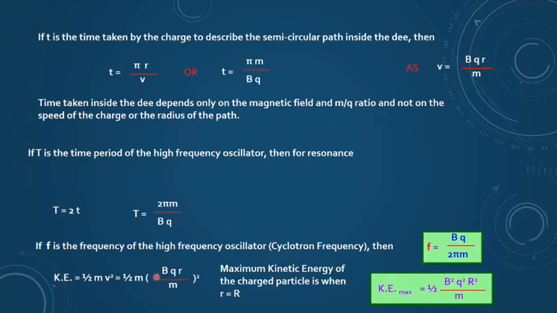If asked kinetic energy, if asked momentum, whatever they ask you can find, because if you know V, which is BQR upon M, I can find the momentum possessed by the charged particle. So though not directly, they may ask you questions indirectly, which is why I have written the formulas for you. So you can always keep all these things in mind.